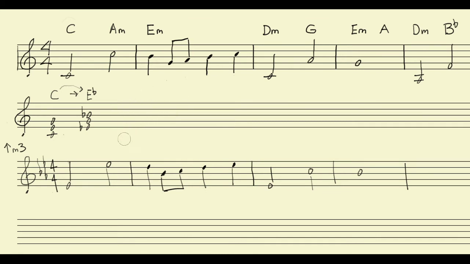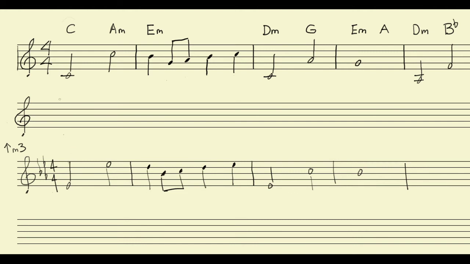So a minor chord transposed by any interval will always be a minor chord. A major chord transposed by any interval will always be a major chord. A diminished chord transposed by any interval will also always be a diminished chord. So that makes the process of transposing these chords pretty easy.